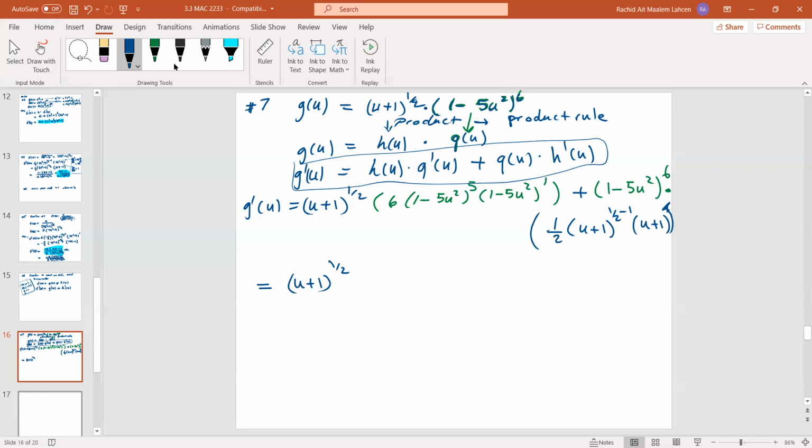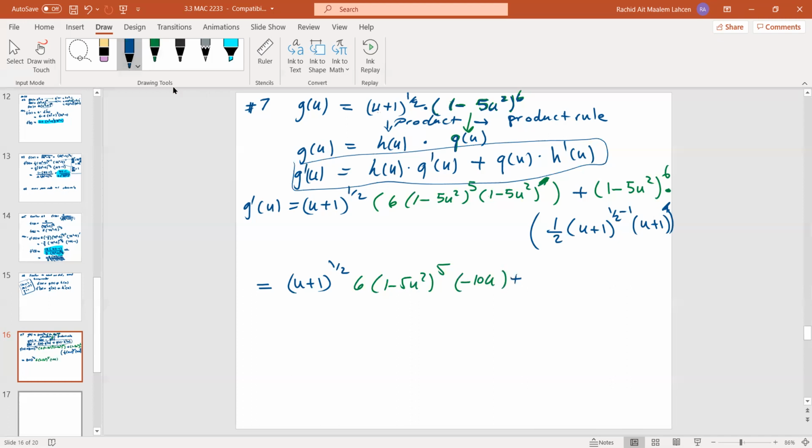Now for the green one, we will have 6 times (1 minus 5u squared) to the 5th. The derivative of the inside: the derivative of 1 is 0, and the derivative of negative 5u squared is negative 10u. Right.